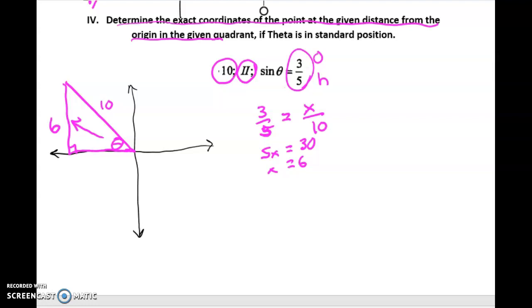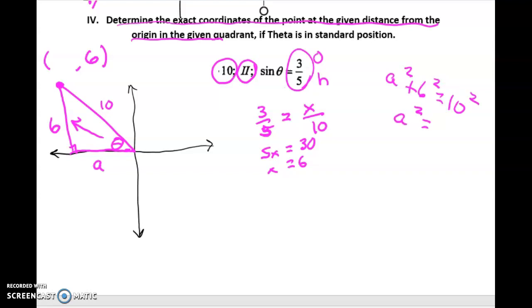Okay, so now let's find the missing side so that we could find the coordinate of this point. The y value is 6. So we'll use Pythagorean theorem. a squared plus 6 squared equals 10 squared. And a squared would equal 100 minus 36, which is 64.